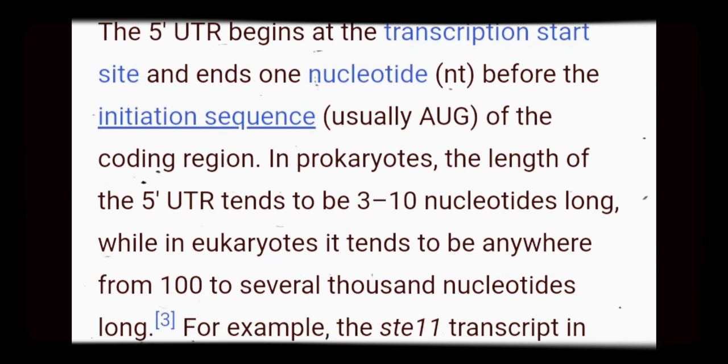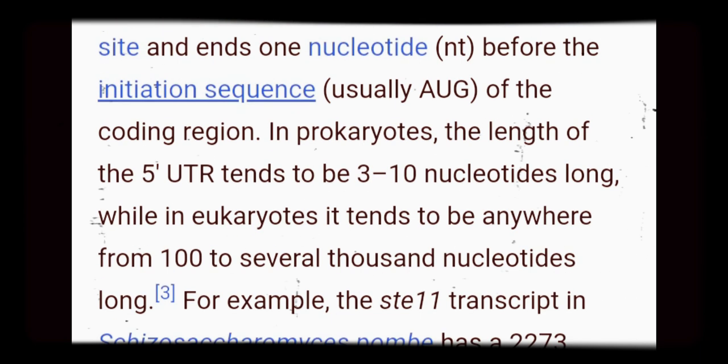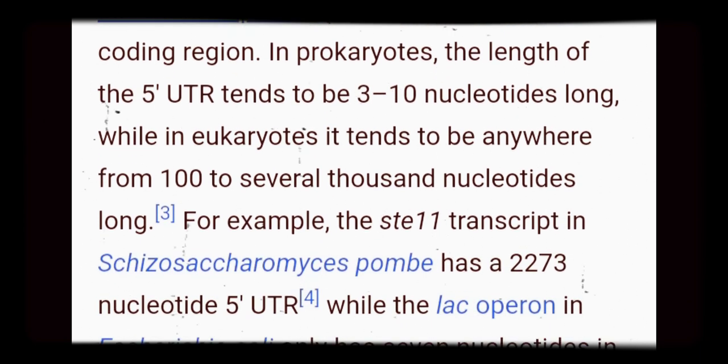In prokaryotes, the length of the 5' UTR is actually 3 to 10 nucleotides long, while in eukaryotes it tends to be anywhere from 100 to several thousand nucleotides long.